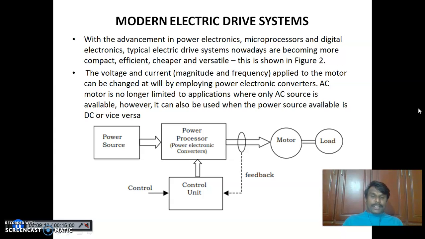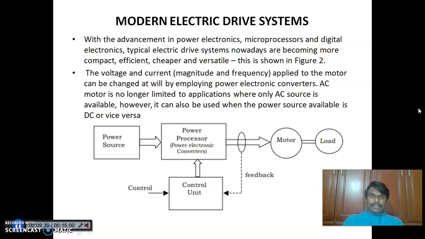The command is what motor speed is required. You can sense the motor speed, torque, voltage, or current, and feed it to the control unit and the power processor. You can control the firing angle of the rectifier, inverter, AC voltage controller, or chopper.